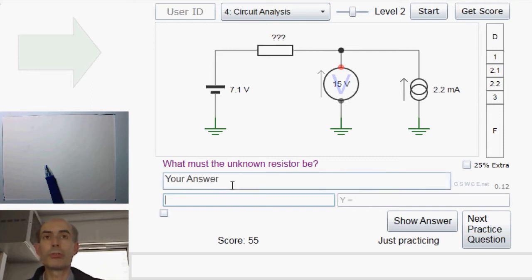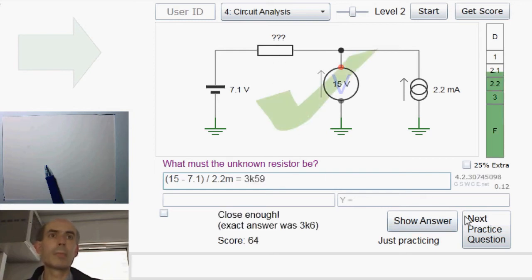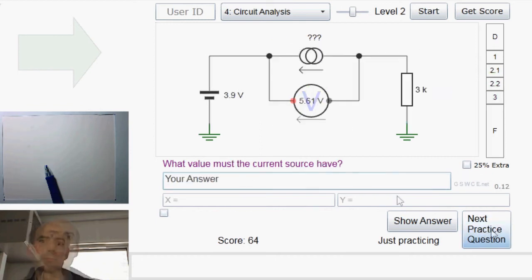So we know the voltage across that resistor is just 15 minus 7.1, or 7.9, and we know the current through the resistor, 2.2 milli, so we must be able to work out the resistance. It's just the ratio of the voltage to the current by Ohm's law, R equals V over I. Fine. Next up.